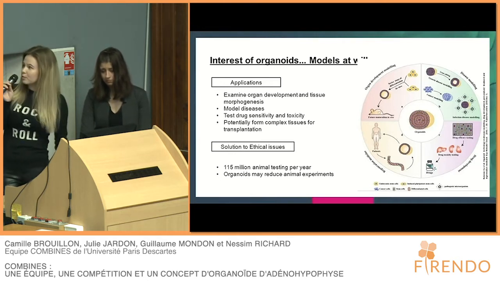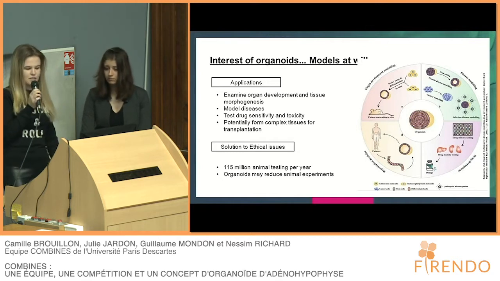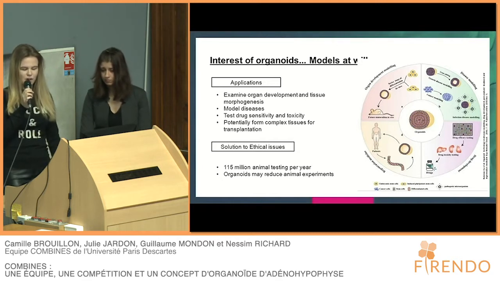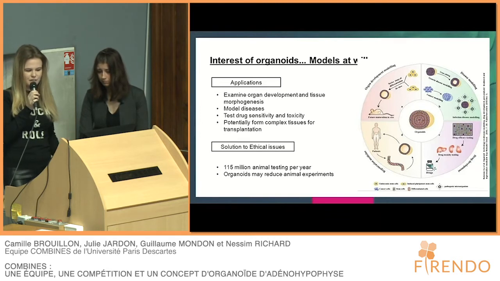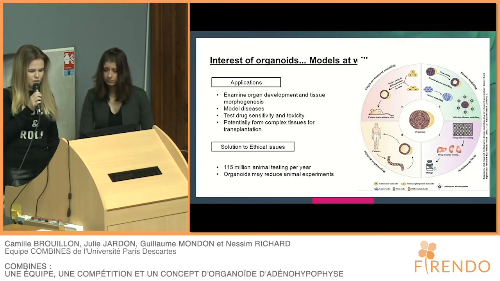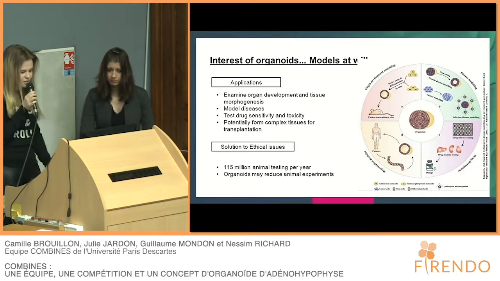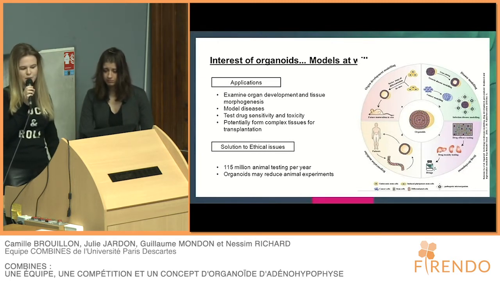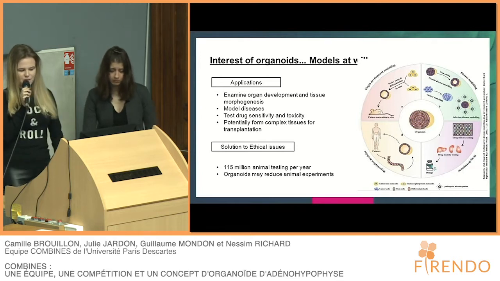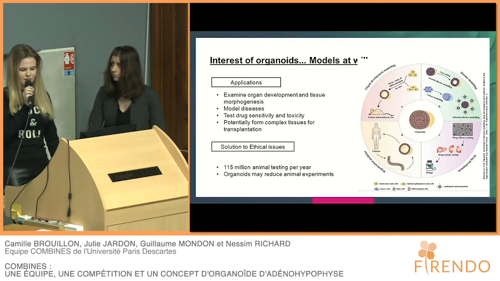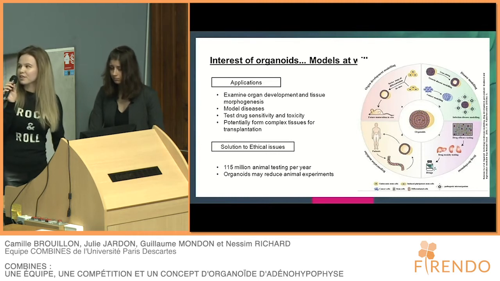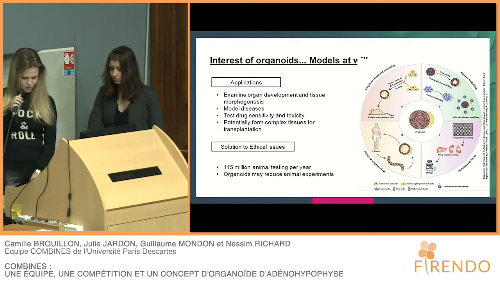And finally, we can use organoids to study the development of an organ of interest in animals. So organoids also bring solutions to reduce animal experiments, since you all know that animals are still very often used in research.